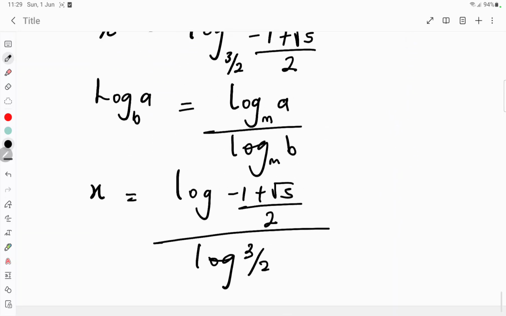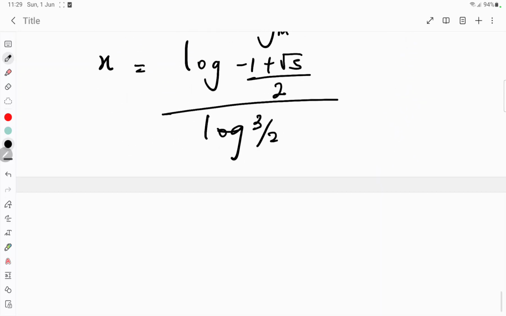At this point now, we also have a fraction in the log, so we apply this rule, which says that log a over b is the same as log a minus log b.